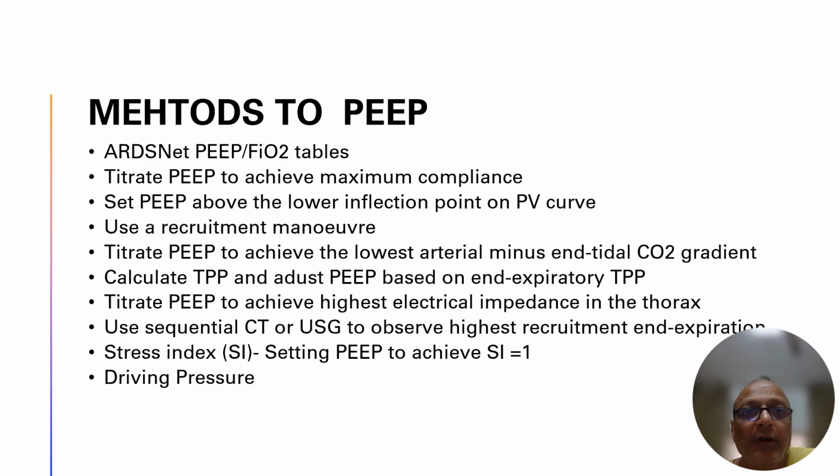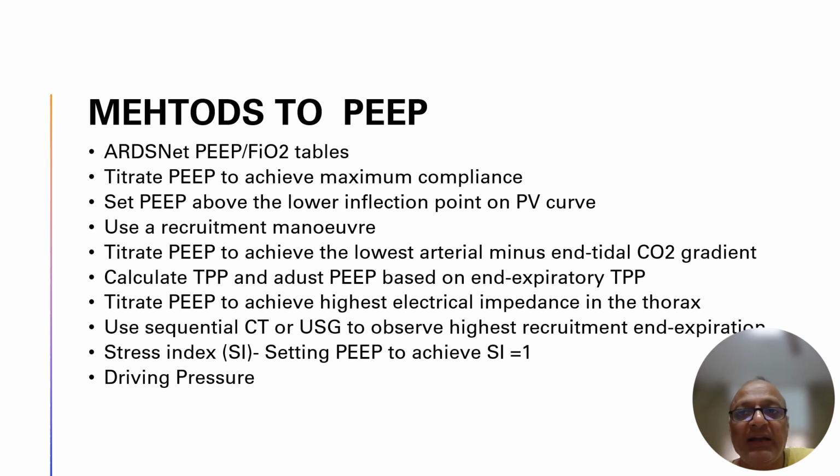There are various methods to set optimal PEEP, and they include the use of the ARDSNet PEEP FiO2 escalation table, in which PEEP is set according to the severity of oxygenation failure. Titrate PEEP according to maximum compliance, meaning set the PEEP which achieves the highest static compliance. This has the advantage of being tailored to each specific patient.